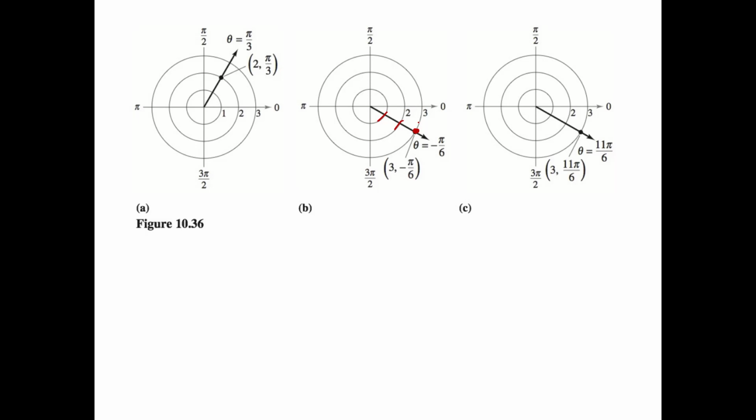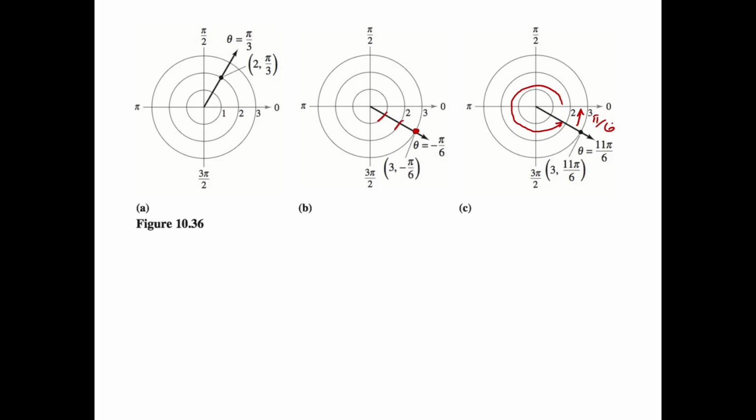This last one is the point (3, 11 pi over 6). So what they are not indicating in their graph here is the rotation, right? So 11 pi over 6 means to start here and rotate counterclockwise until 11 pi over 6, giving you a reference angle of pi over 6.